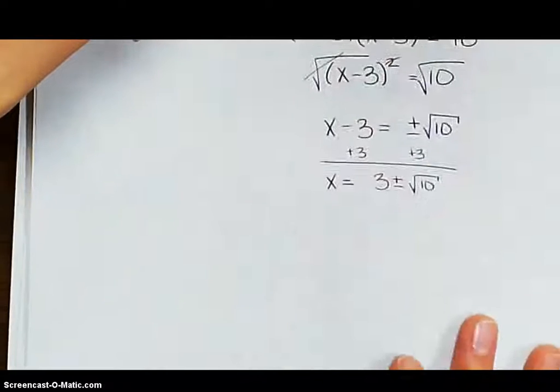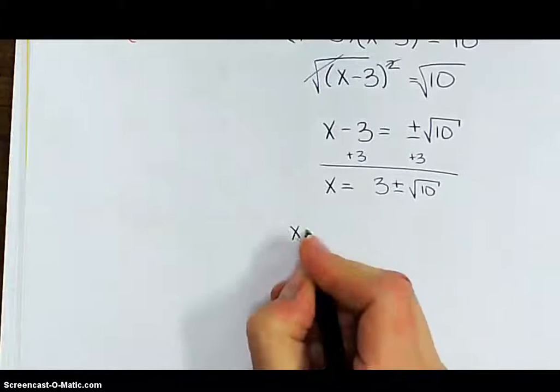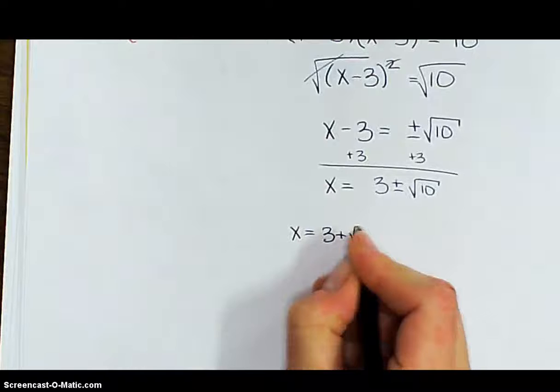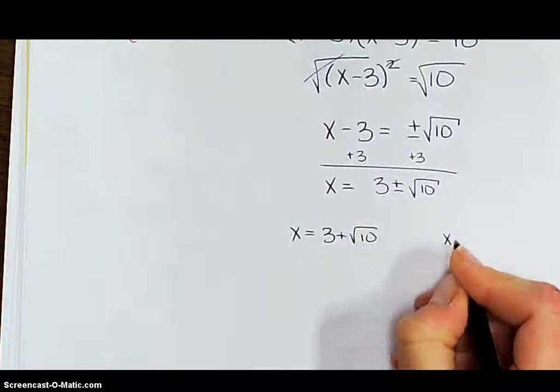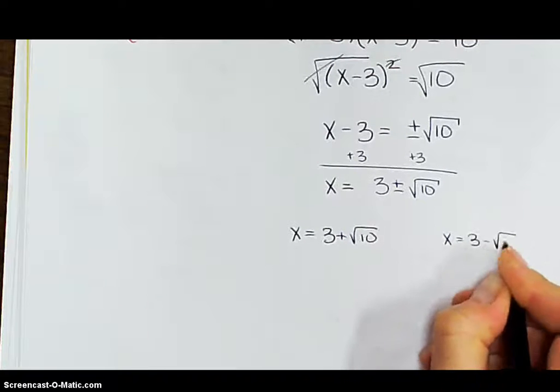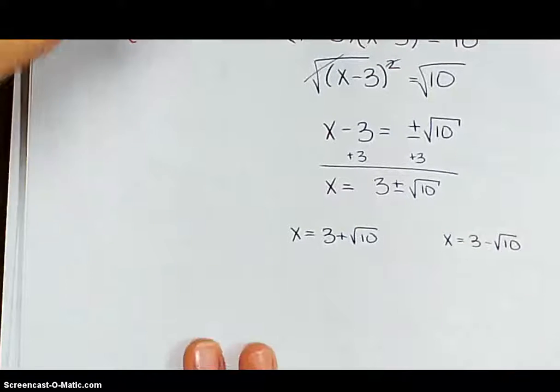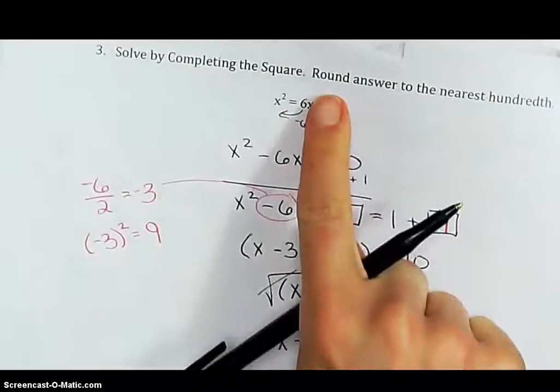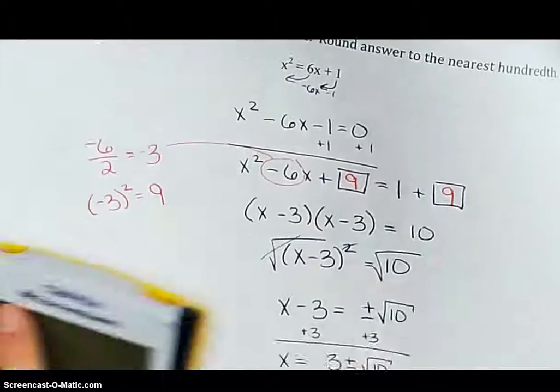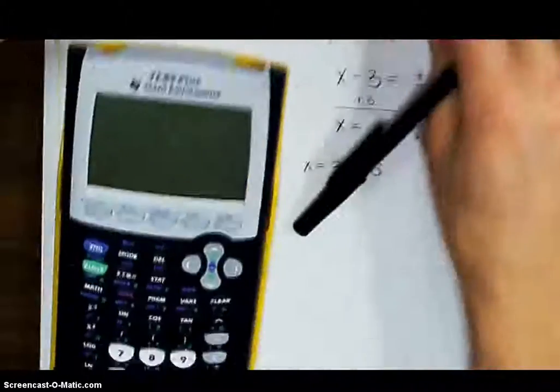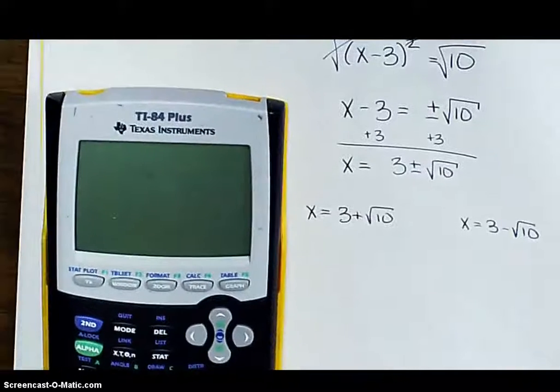So now our two solutions. We get x is equal to 3 plus radical 10, and x is equal to 3 minus radical 10. But the question didn't say to keep it as a radical, it said round to the nearest hundredth. So what we're going to do now is simply plug it in the calculator.